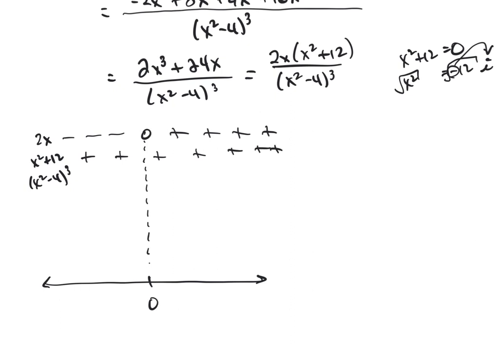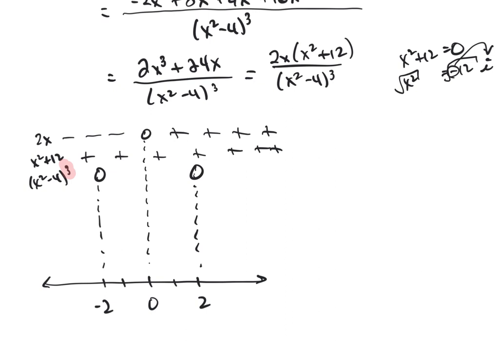And then the last term, x squared minus 4 cubed, once again, just as before, that's going to be equal to 0 at negative 2 and positive 2, but this time because of the power of 3, remember last time we had a power of 2, which made everything positive. Because of the power of 3 then, we've got to check to make sure we know where we have positives and where we have negatives.